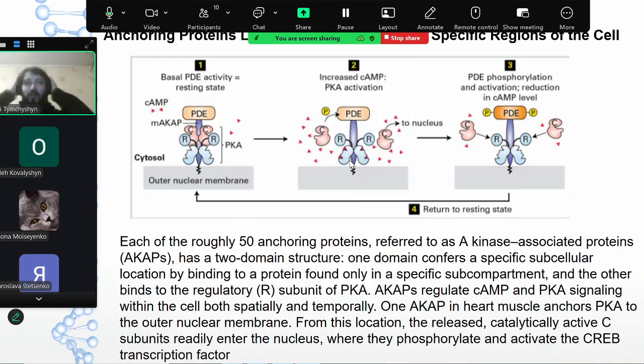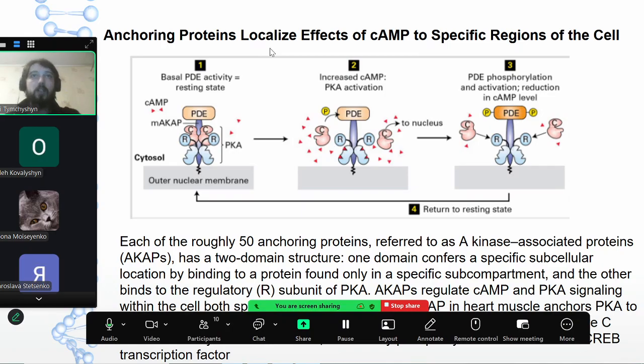Good. So you might already have a question: if all the processes I have shown you lead to generation of cAMP, cyclic AMP, how does the cell know what to do next if this is the same cAMP everywhere? One of the possible answers is to anchor some proteins and localize effects of cAMP to a specific region.